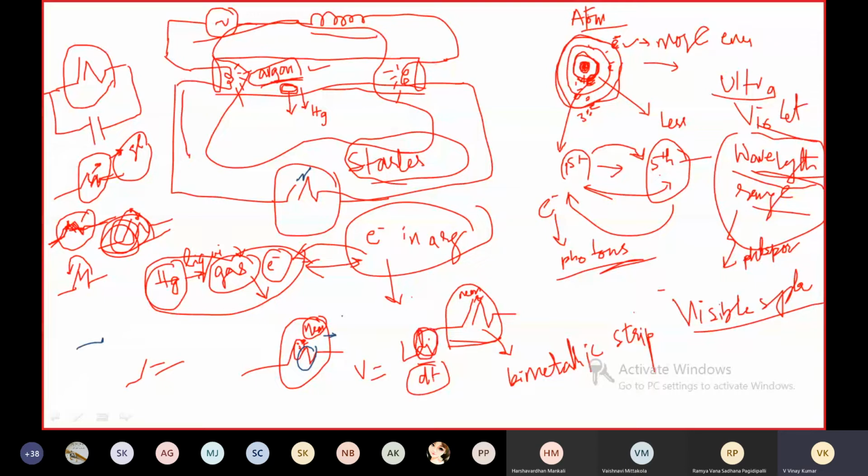You are going to produce a large amount of voltage, around 2500 volts or 2000 volts. So you are opening this inductor for a short period of time.